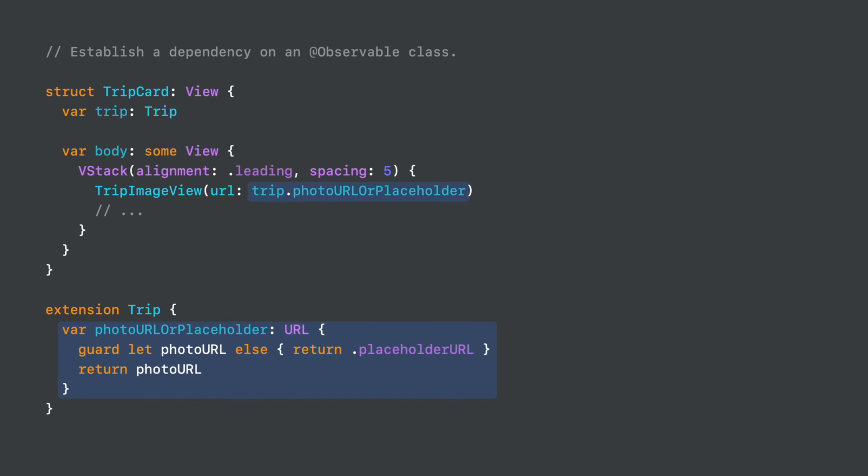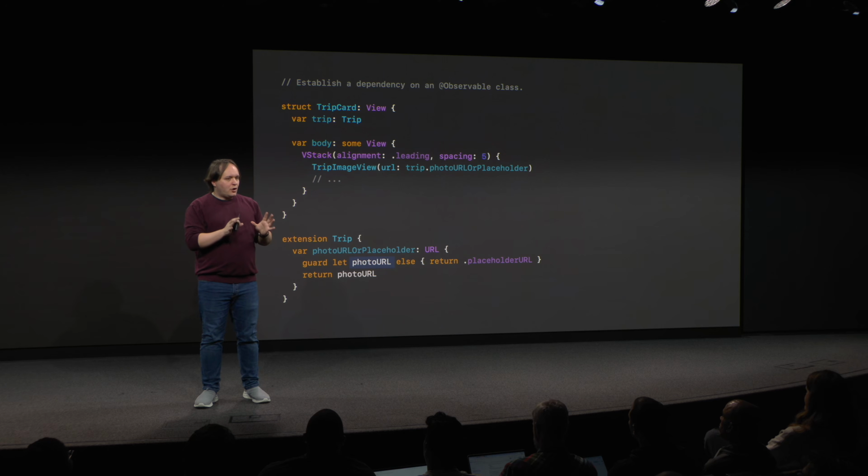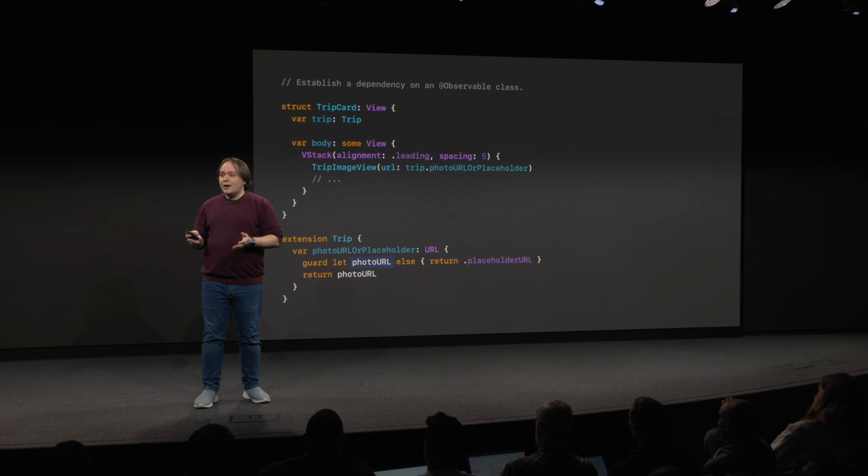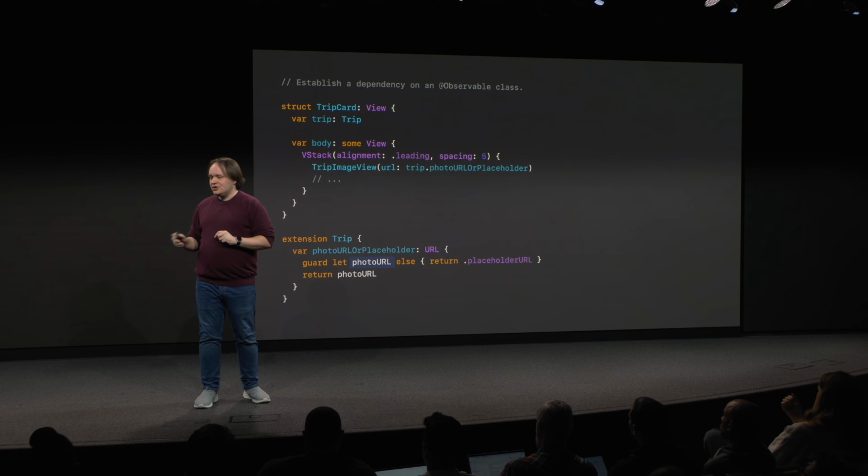And then I use that new computed property in the view body instead of the photo URL. SwiftUI is able to determine that the underlying property, photo URL, is read in this view body when the computed property is accessed. So, SwiftUI will update trip card anytime the underlying photo URL is changed.